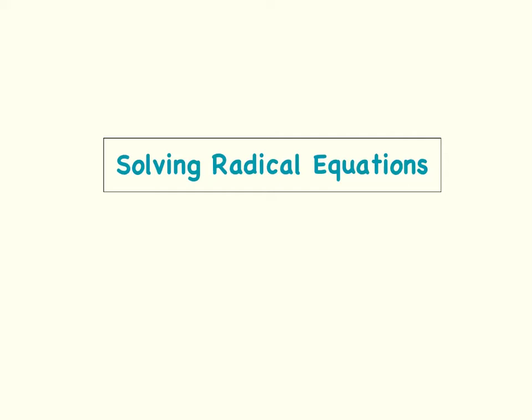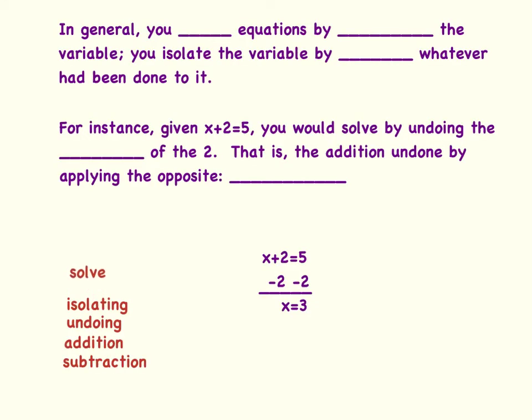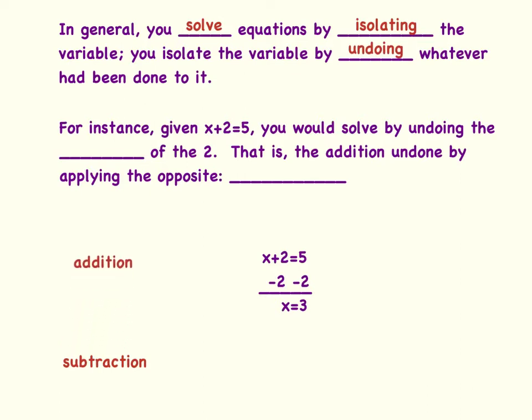Now let's get started. In general, you solve equations by isolating the variable. You isolate the variable by undoing whatever has been done to it. For instance, given x plus 2 equals 5, you would solve by undoing the addition of 2.